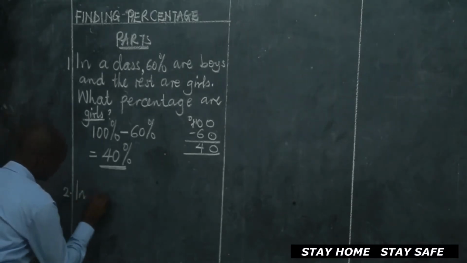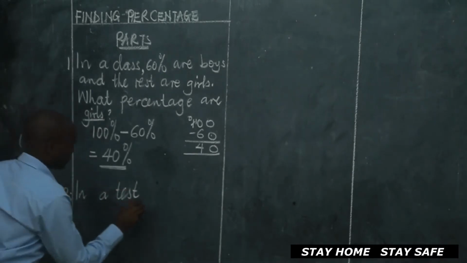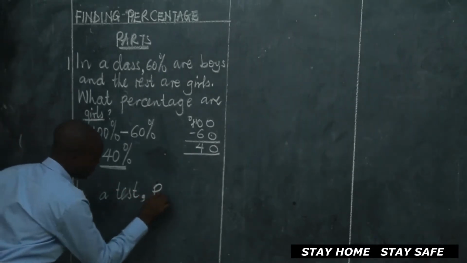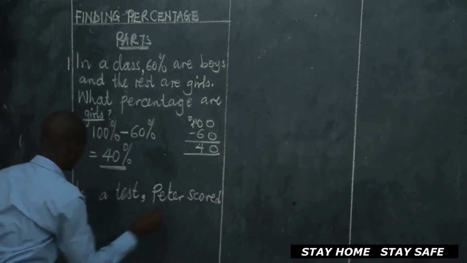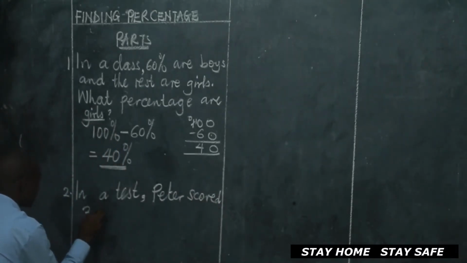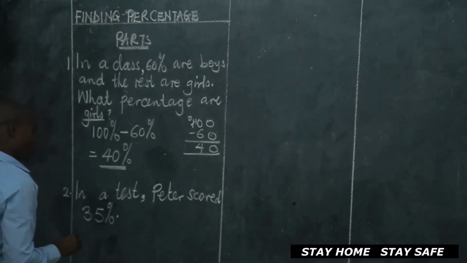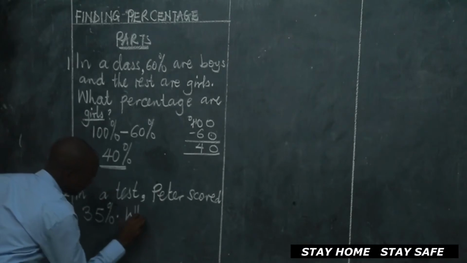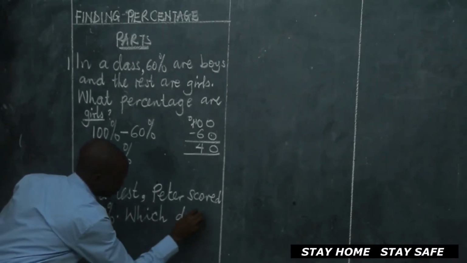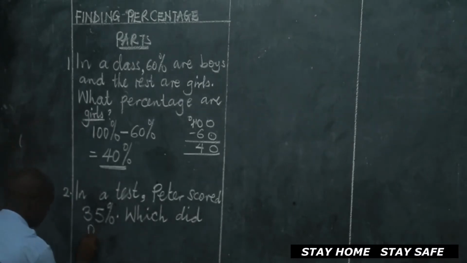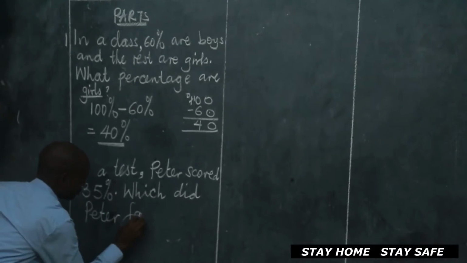In a test, Peter scored 35%. Which percentage did Peter fail?